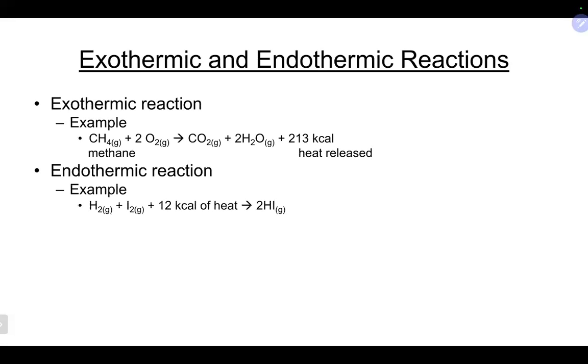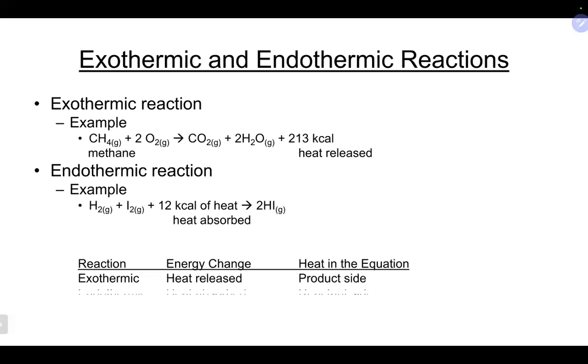So a couple other things to finish up here, talking about exothermic and endothermic and how we consider some of these things. An example of an exothermic reaction is this one here. That is methane plus some oxygen making CO2 and water. That's a combustion reaction. That's pretty much what happens when you light your Bunsen burner. And it gives off, in this case, 213 kilocalories of energy.